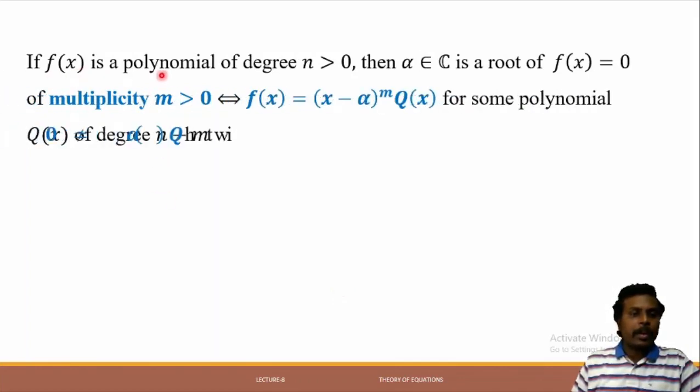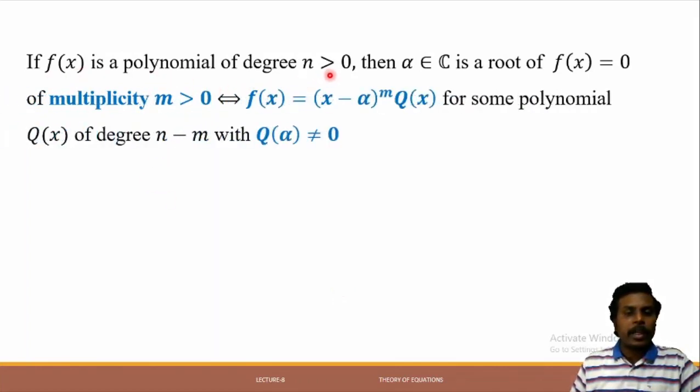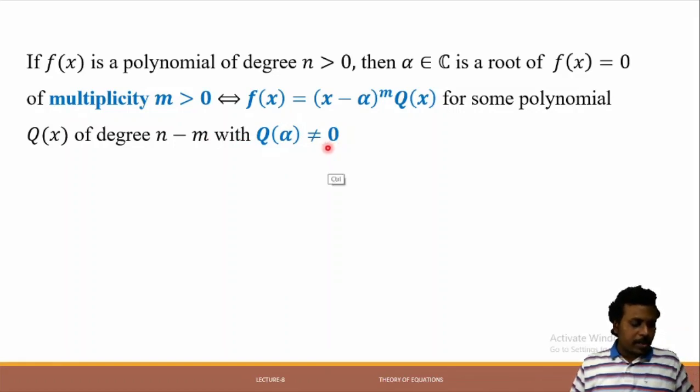If f of x is a polynomial of degree n greater than 0, then alpha belongs to C is a root of f of x is equal to 0 of multiplicity m greater than 0 if and only if this f of x can be written as x minus alpha whole to the power m into q of x for some polynomial q of x of degree n minus m with q of alpha is not equal to 0. Let us try to understand this with the help of an example.